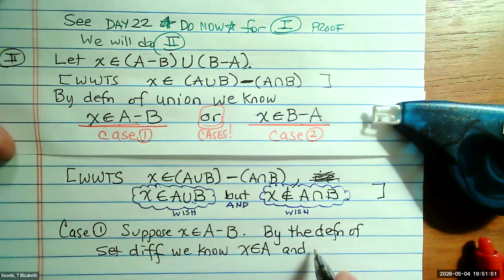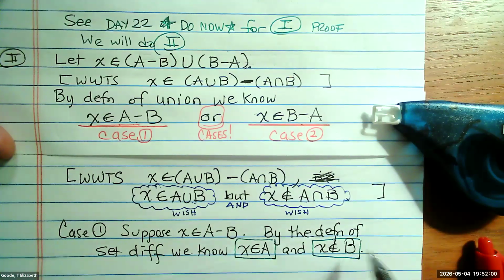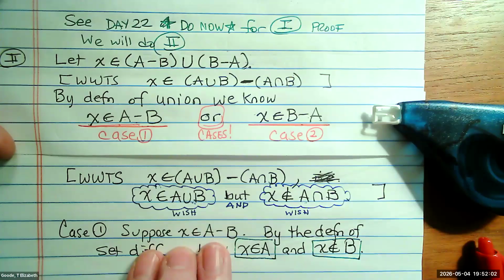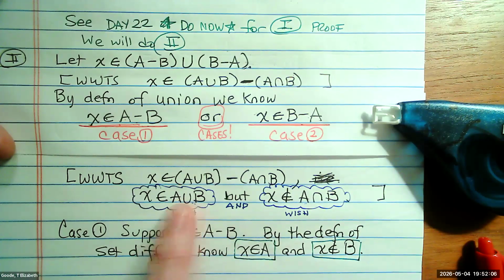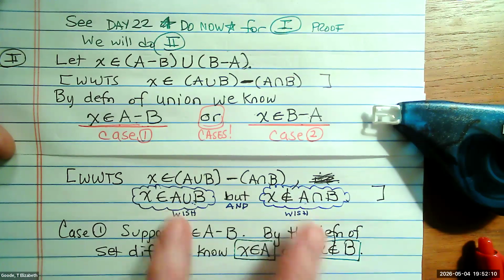X is in A and is not in B. Yep, and now we've broken down this information in this case as far as we can. These are atomic statements, right? We can't break these down anymore. Once we've broken down our hypothesis, now we're going to try to build up from this to these, and then we'll get to that in one step once we have these.